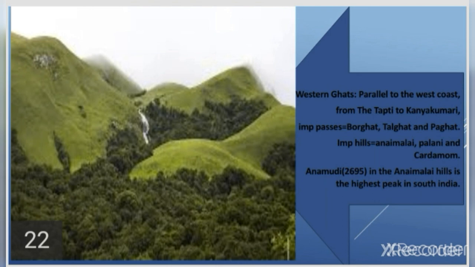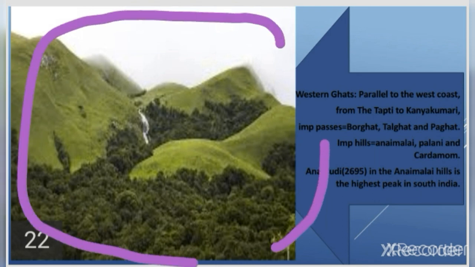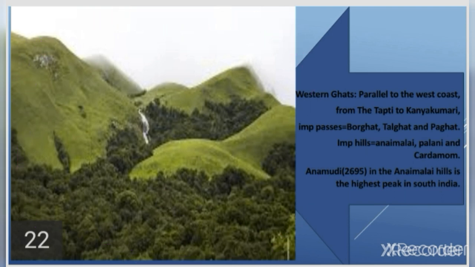This picture shows the Western Ghats. The Western Ghats run parallel to the west coast from the Tapti to Kanyakumari. Important passes: Borghat, Thalghat and Palghat.